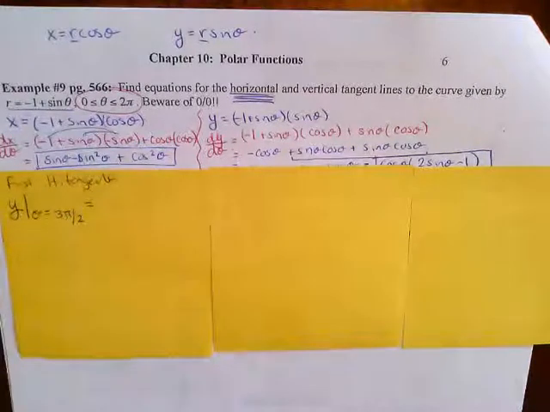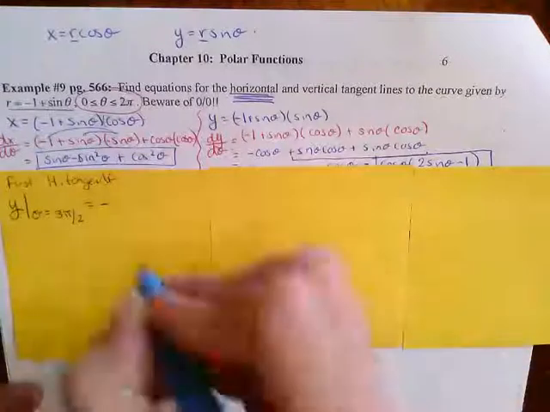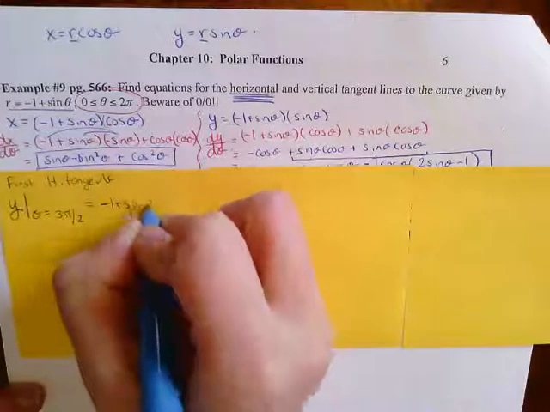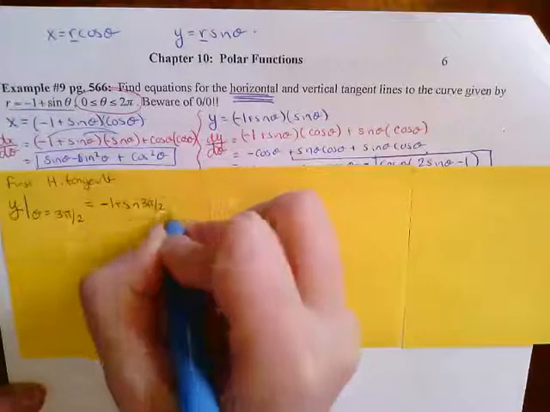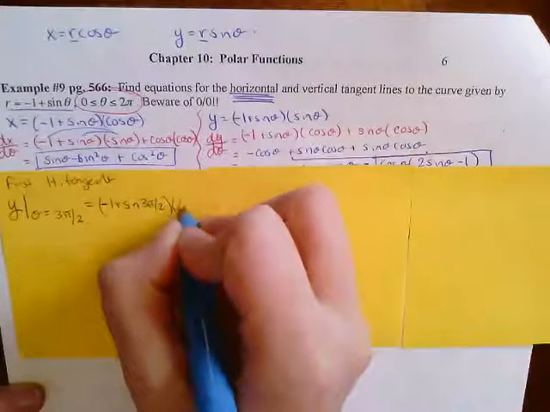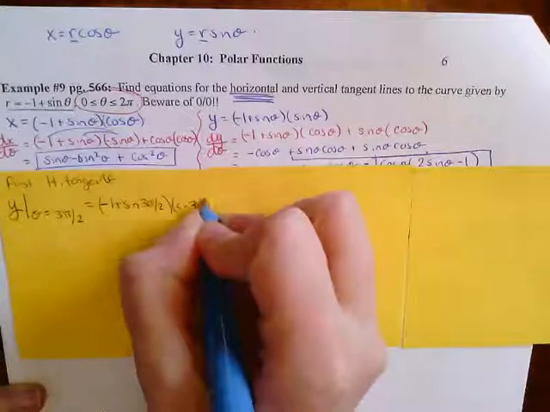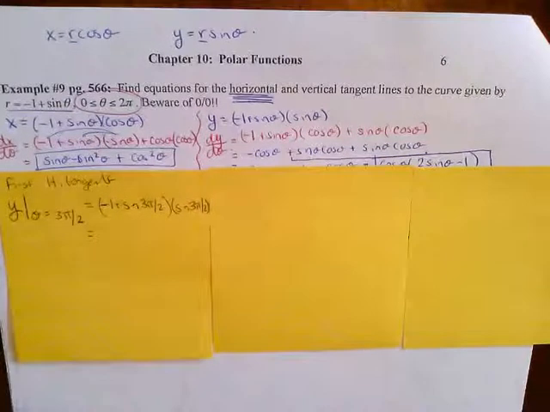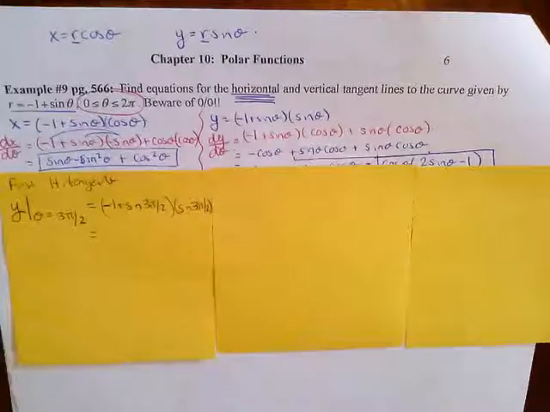So I'm going to use that equation. I'm going to plug in -1 plus sine of 3 pi over 2 times sine of 3 pi over 2. Solve this, and you get your first horizontal equation.